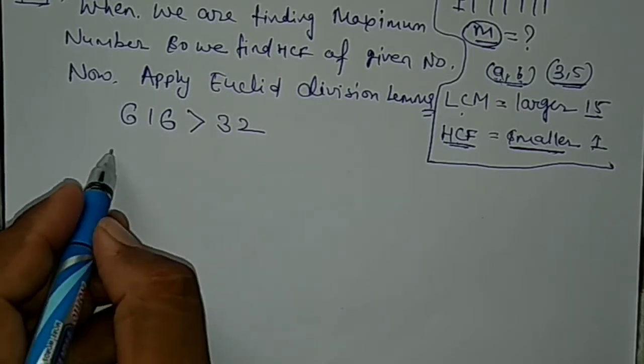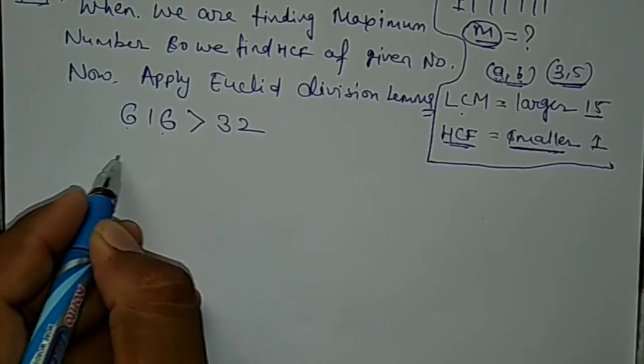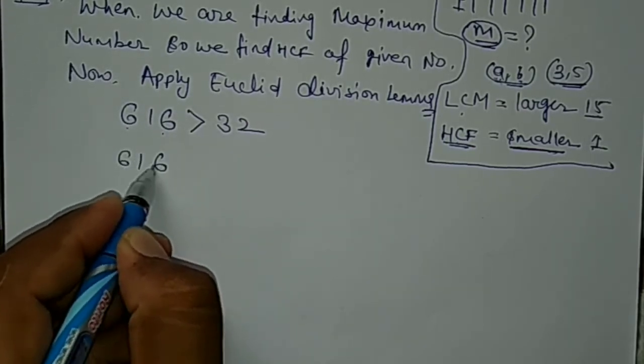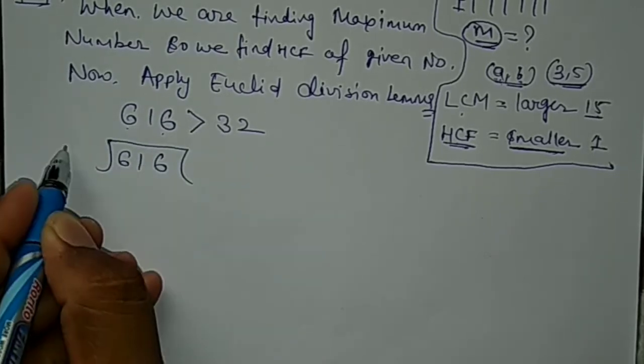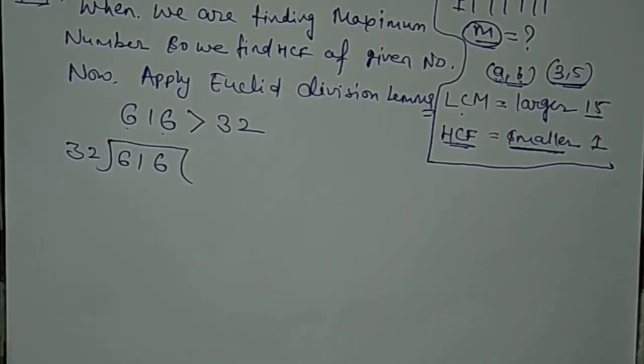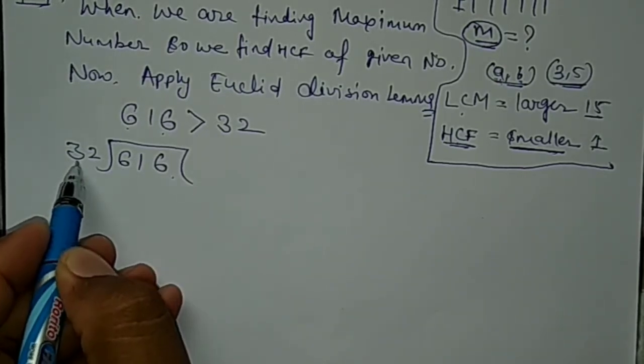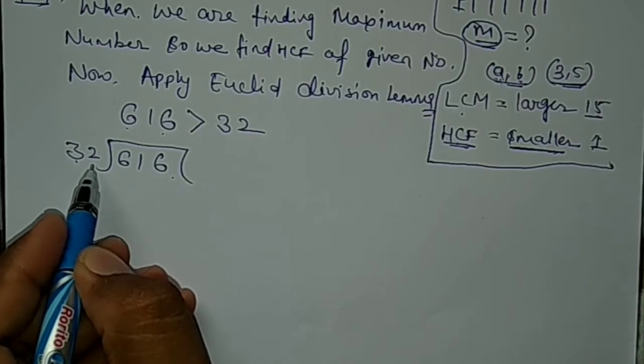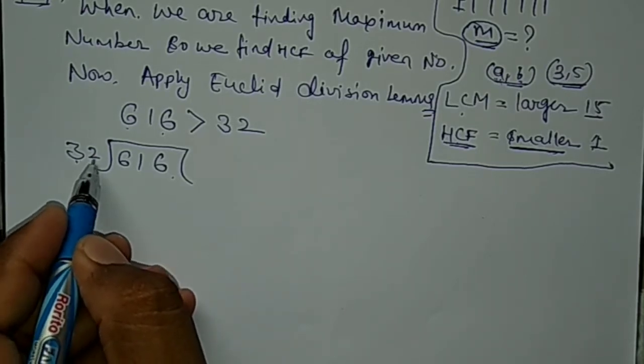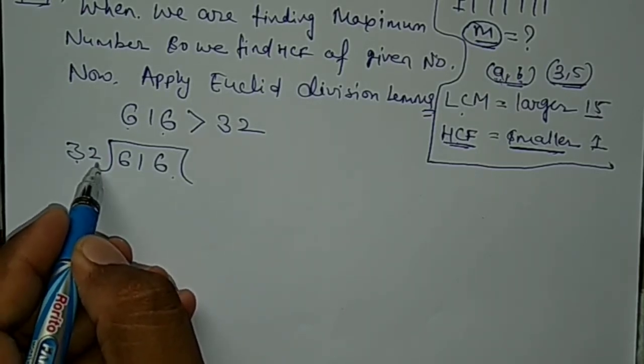Euclid division lemma means long division method. So greater number is inside, 616 is inside and 32 is outside. Okay, and do the division. So how do we find out? That is simple. 616 is inside, 32 is outside. Now divide it. I think it comes out to be 320, 640. 640 is less.